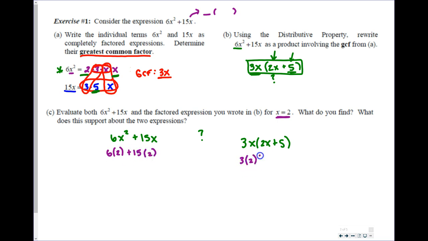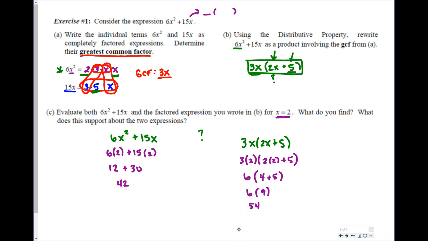So let's do that. This would be 12 plus 30 to give me 42. And here I'm going to have 6 times 4 plus 5, 6 times 9 to get 54.